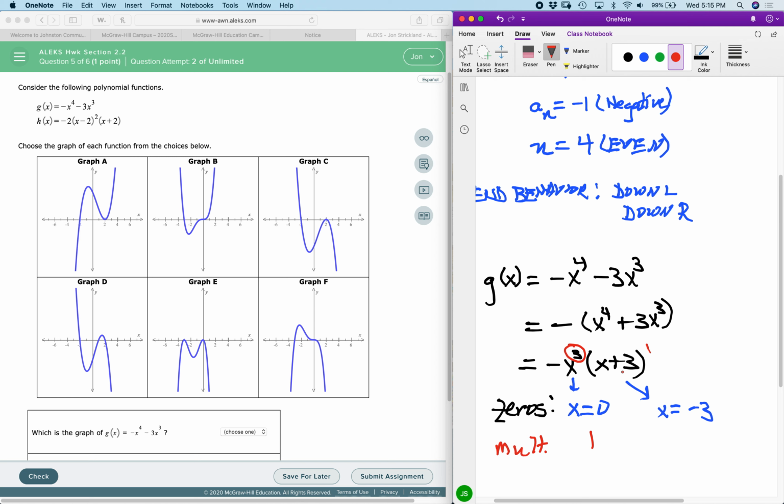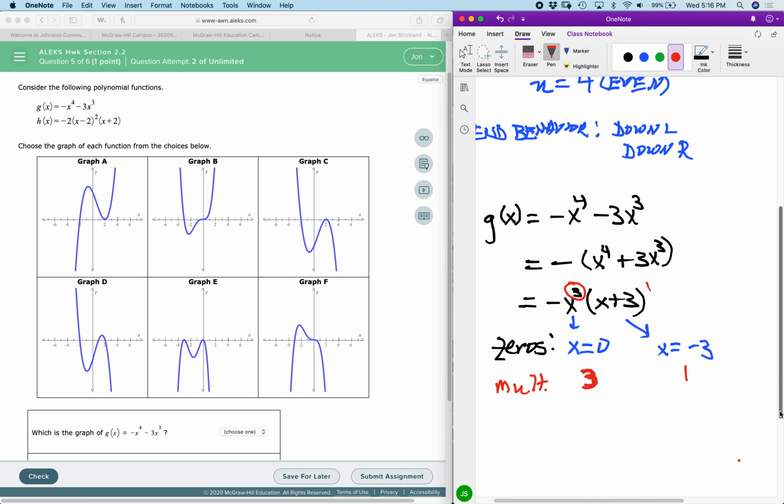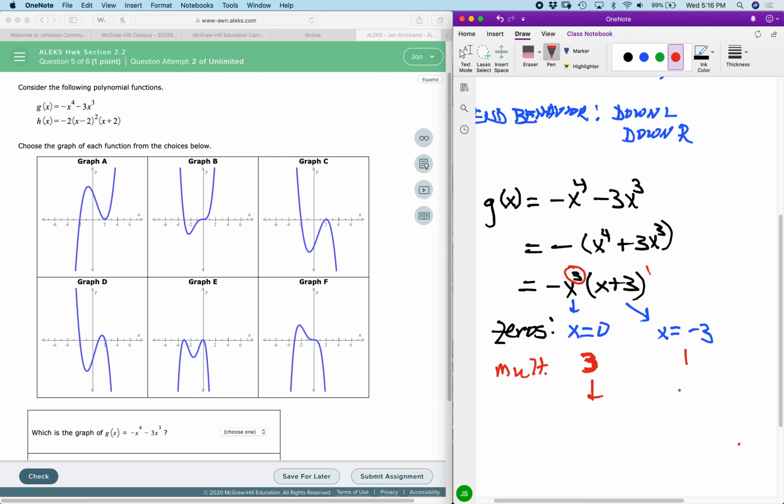X equals negative 3 stems from just x plus 3, which is to the first. And since we have odd multiplicities, the graph is going to cross at both x equal to 0 and x equal to negative 3.